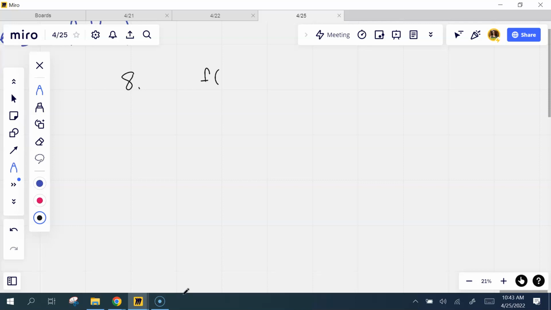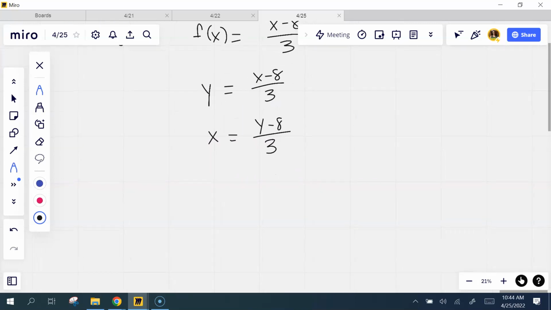I have f of x equals x minus 8 over 3. What do I do first? Change f of x to y. Now what? Switch x and y. Nothing too mathy so far, right? Change f of x to y, switch x and y. Now comes the algebra part. Multiply by 3.